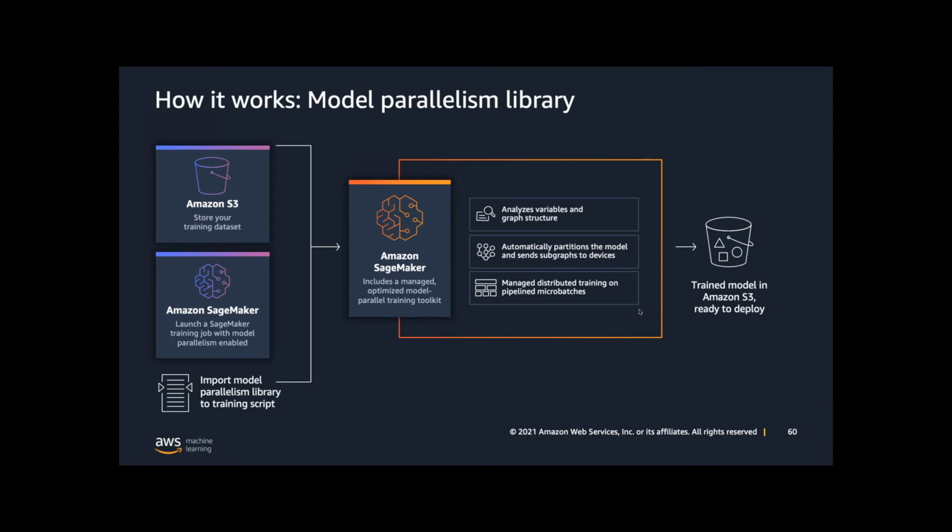Then there is a pipeline that micro-batches your data to keep all pieces of the model running in parallel without one section having to wait for another. And then again, your trained model is available in S3, ready for deployment for inference.